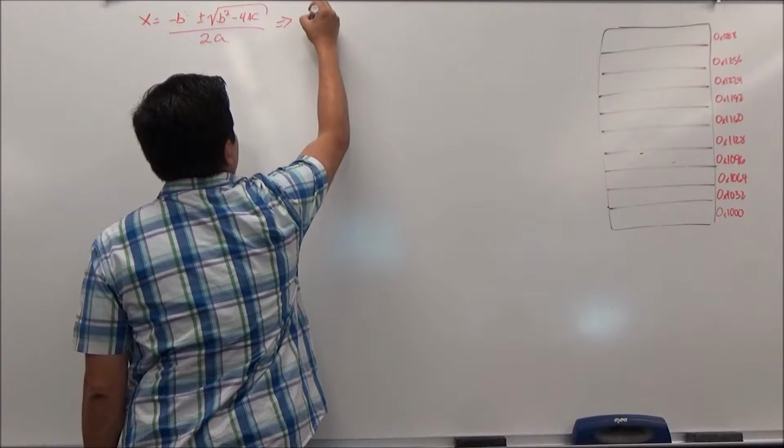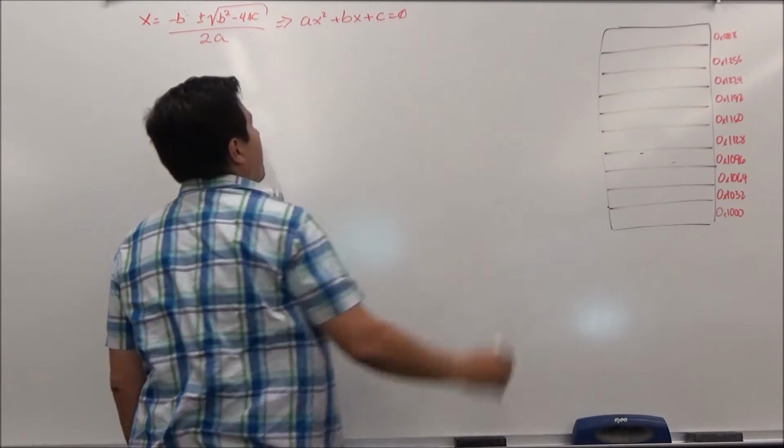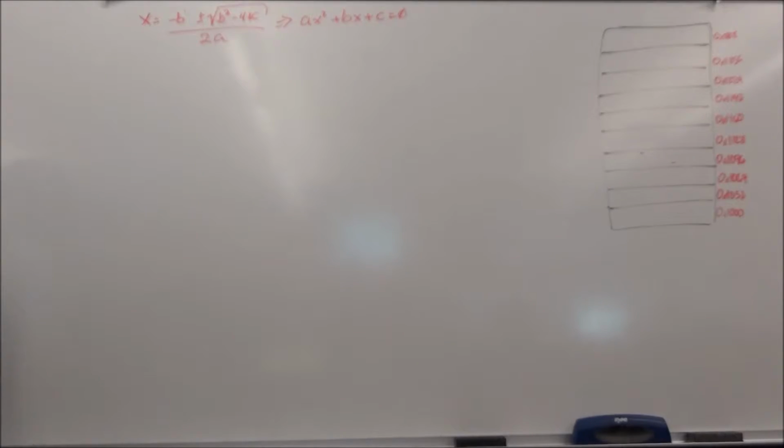The form is ax squared plus bx plus c equals 0. If you were to write that in a program, I guess you could make 2 functions, one for x1 and another for x2. That might not be very efficient.